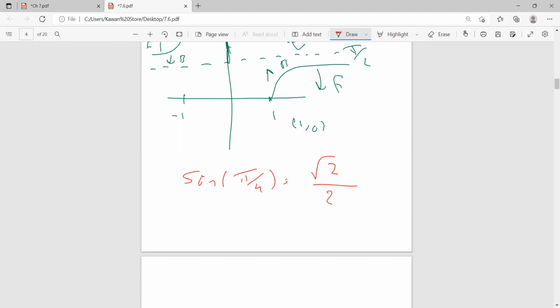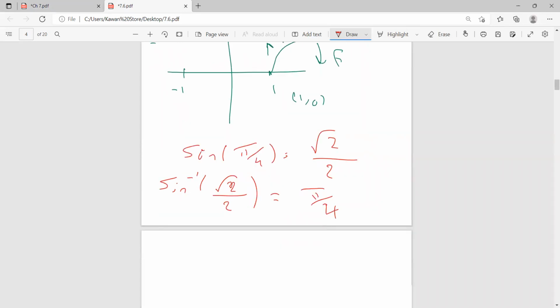Now tell me, sine inverse of pi over 2 is equal to what? Reverse it. Directly reverse, you don't need to think about it. Understood?